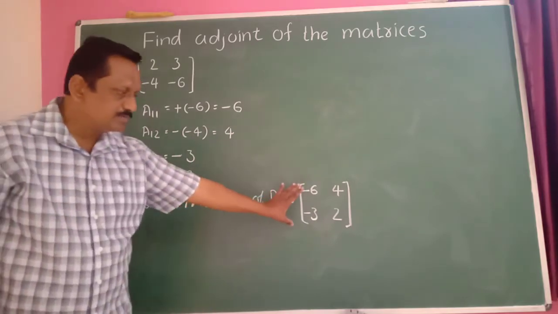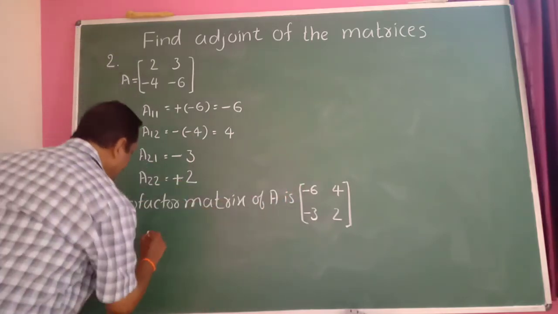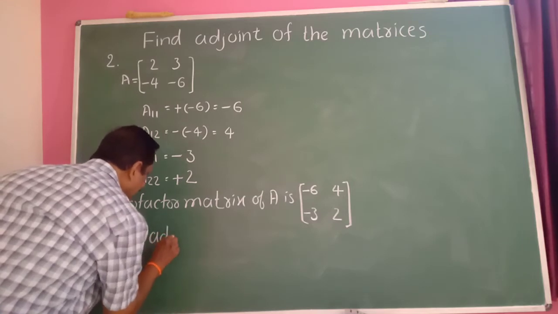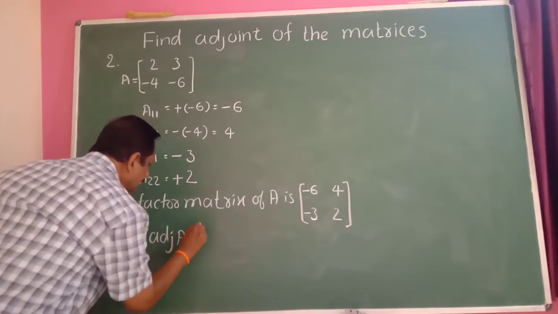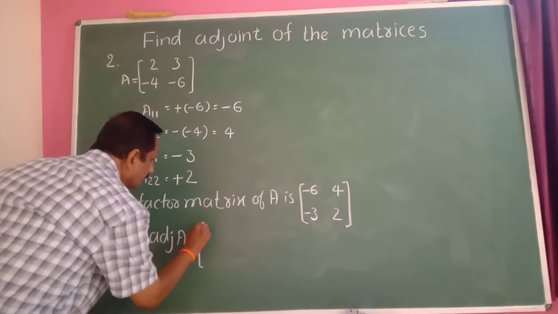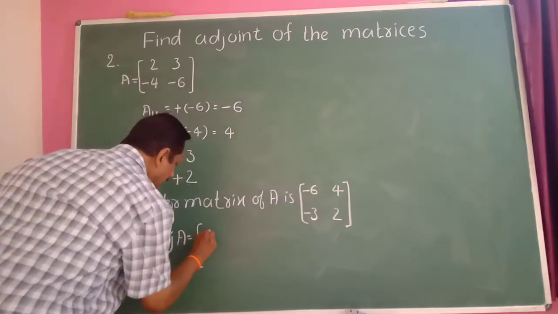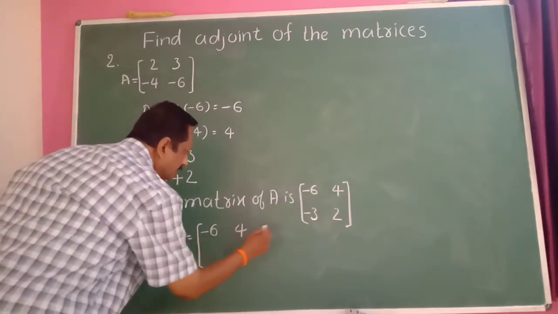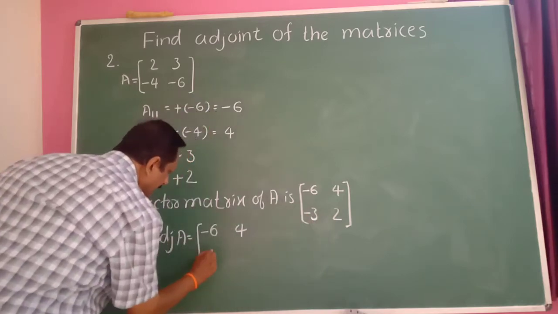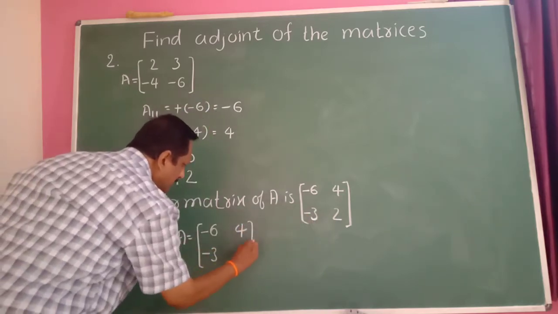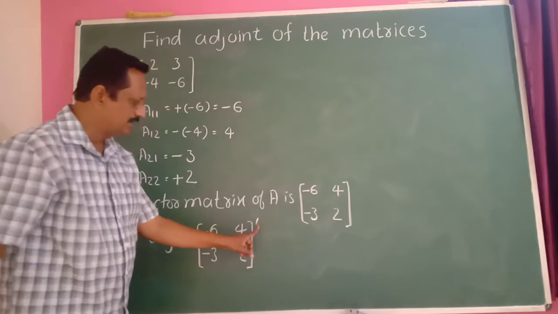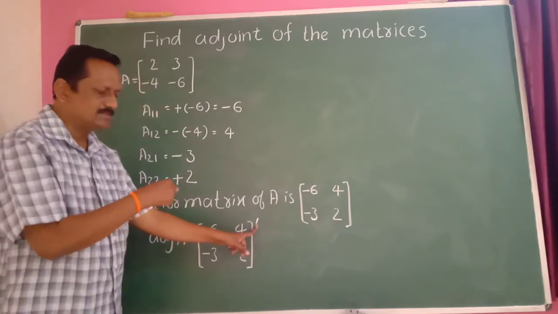Then its transpose becomes the adjoint of the matrix. Therefore, adjoint of the matrix A is equal to minus 6, 4, minus 3, 2, and its transpose. Transpose is dash here; dash means it is the transpose of this matrix.